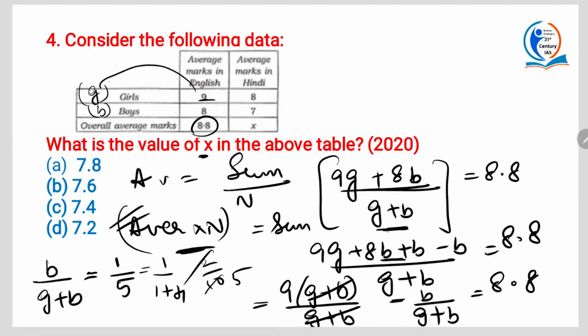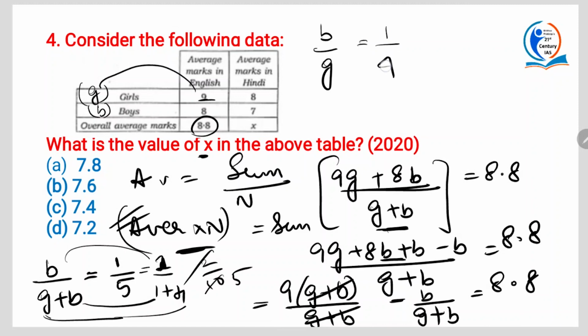I want to find out what is the ratio of B and G. B is to G. So when B is 1, I mean 1k or whatever, 1x or whatever, if you compare, G will become 4, B will become 1. So the ratio of B is to G is 1 is to 4.